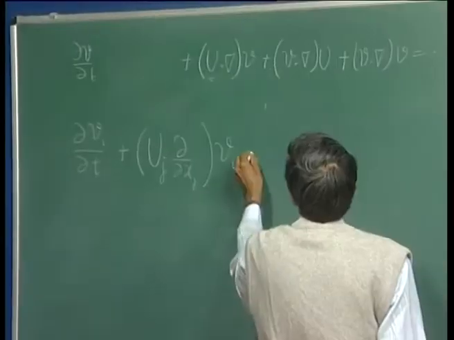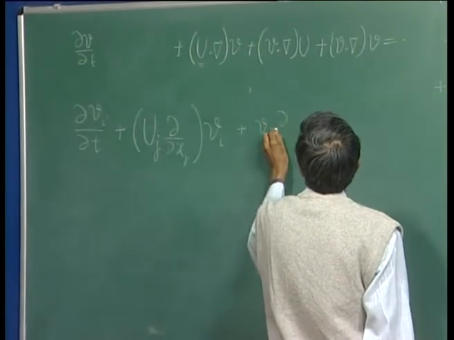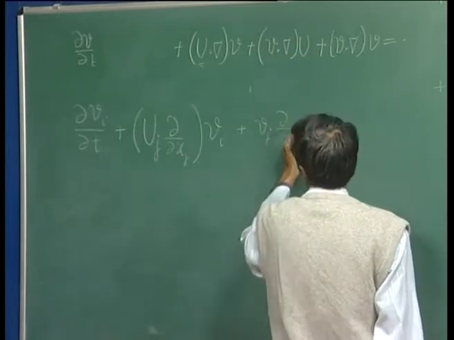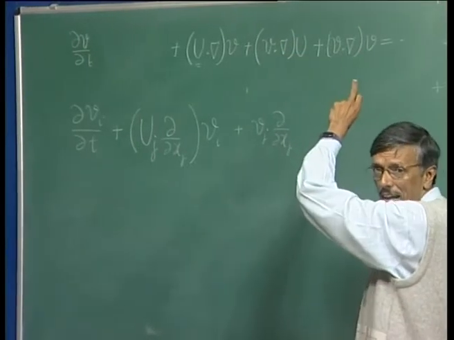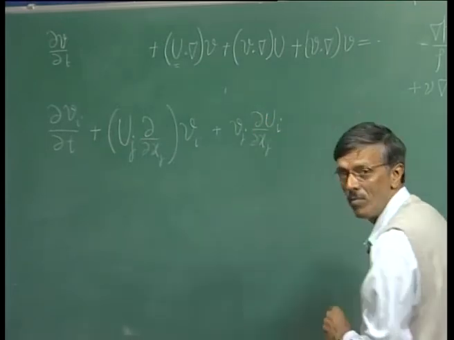What about this term? This term also I will write vj del xj operating on, say, we are writing it for the ith component, right. So, here also I will write ui.